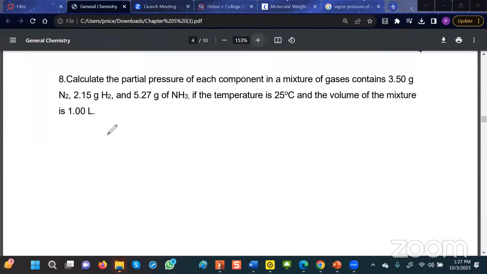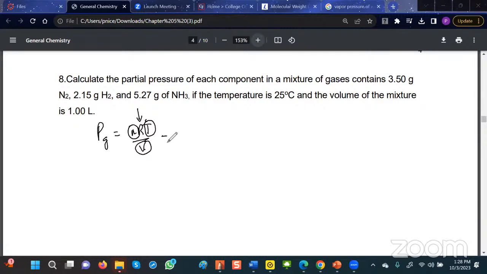Okay, so let me write that down. P for each gas would be equal to nRT divided by V, right? So the question gives us the temperature, and the volume, and we all know what R is, right? So basically it comes down to the number of moles. We need to know the number of moles of each gas, right? And we all know how to do that.